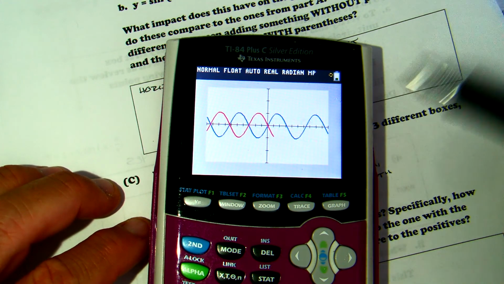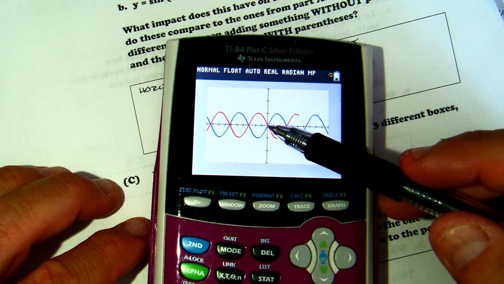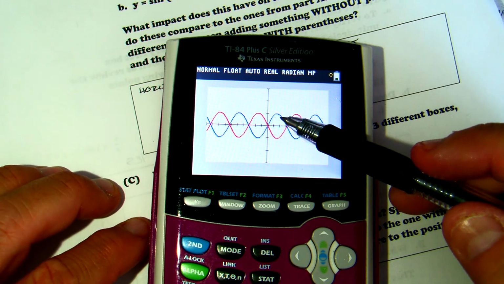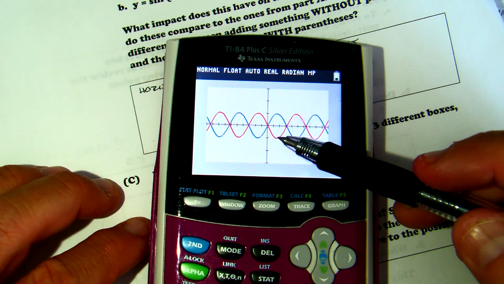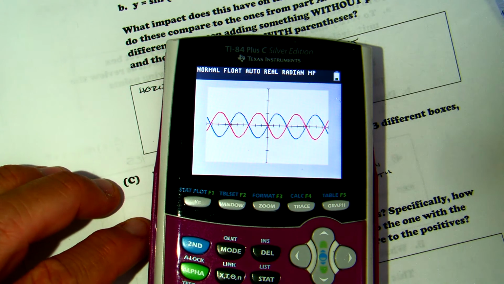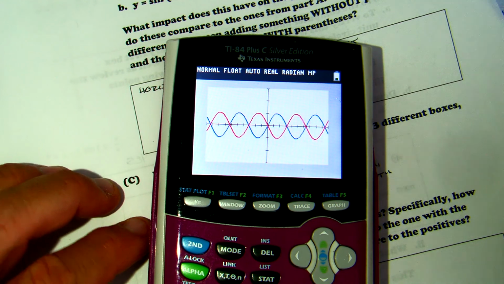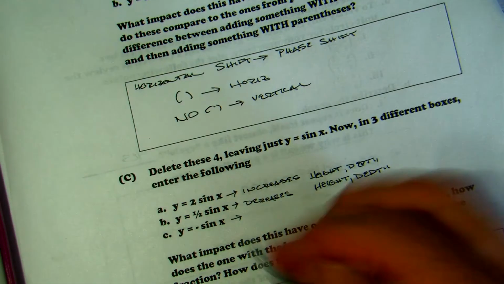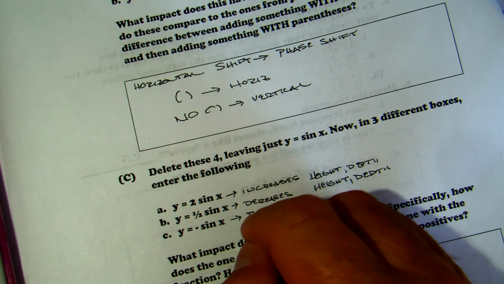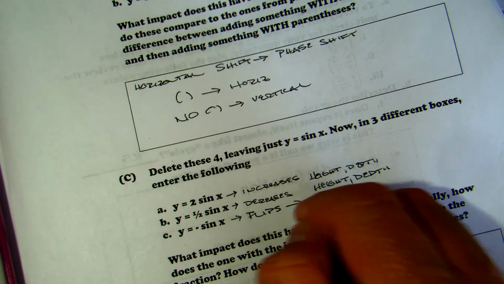Now if you look, it's still 0, but the difference is instead of going up like in the original, now it goes down. And that's what the negative does. It creates, as you know, a reflection. So basically the negative flips it, and you learned last year that that's a reflection.